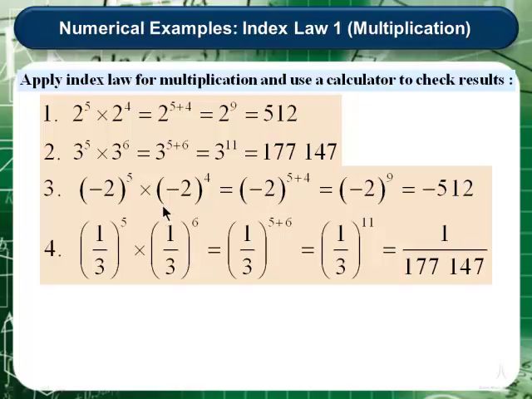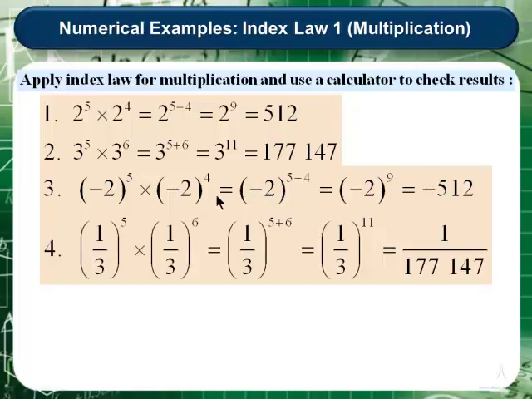Just a bit of advice here: if you use your calculator as a checking device, if you calculate this answer here, as you see this expression, you'll get minus 512. Please do not try and switch to prime bases here. It will only be applicable for a positive whole number.